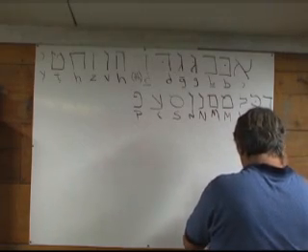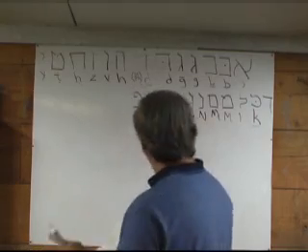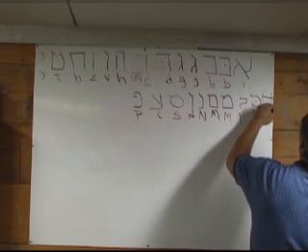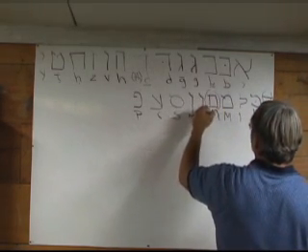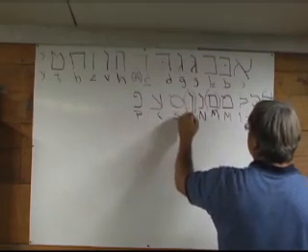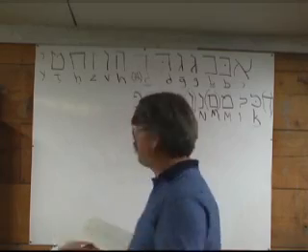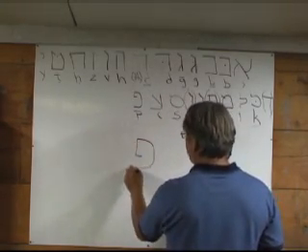Okay, now, Pei is the fourth letter to have a final form. Kaf was the first, and I should put those in parentheses. Mem was the second. Nun was the third. Pei is the fourth. And again, it's just copying the top part of the letter.